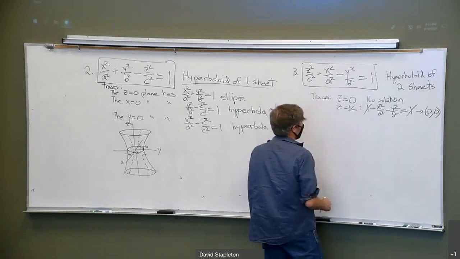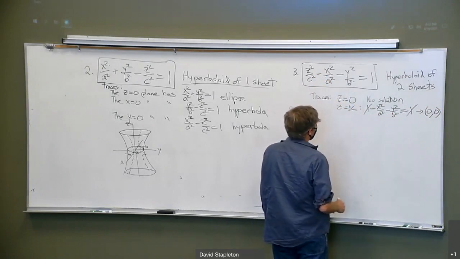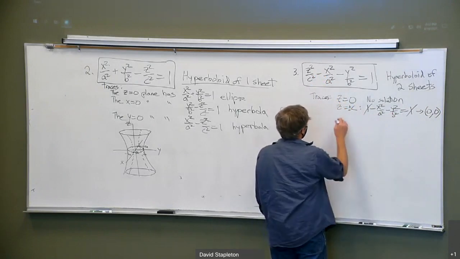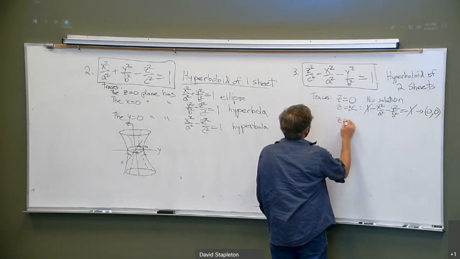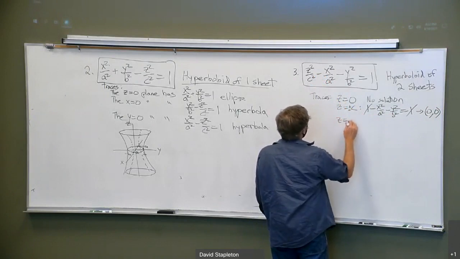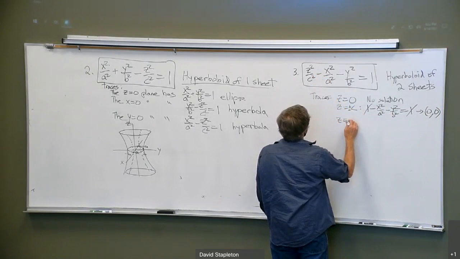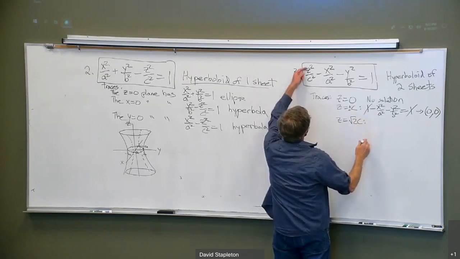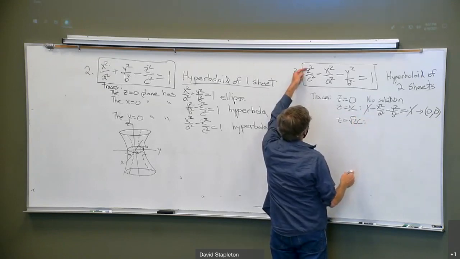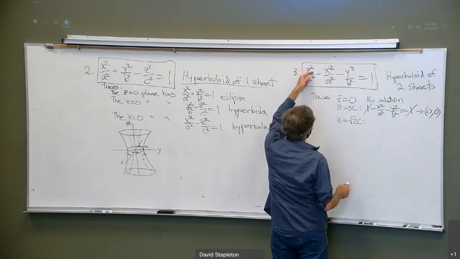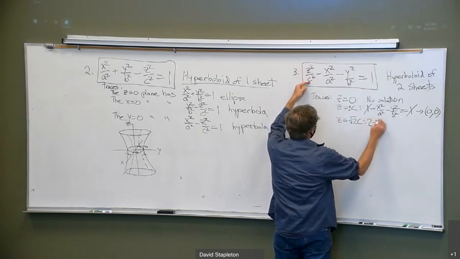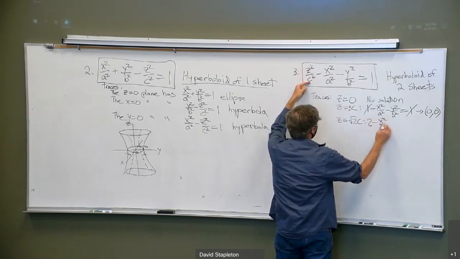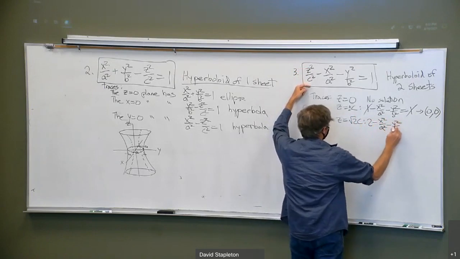Now, if you put z equals a bigger number, then you can start to get ellipses again. Let's say z equals square root 2 times c. Then this becomes 2c squared over c squared, which is 2, minus x squared over a squared minus y squared over b squared.